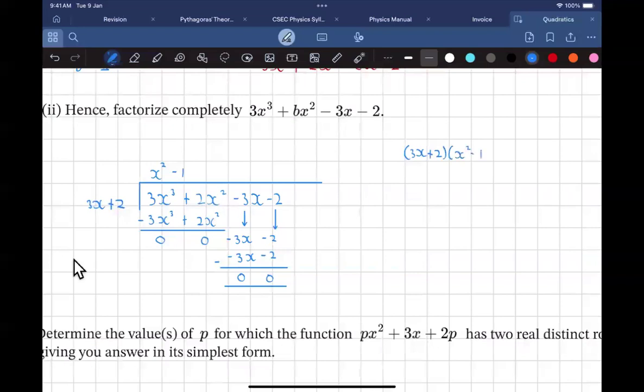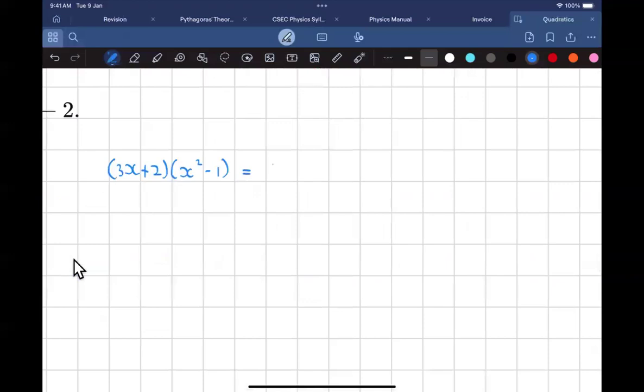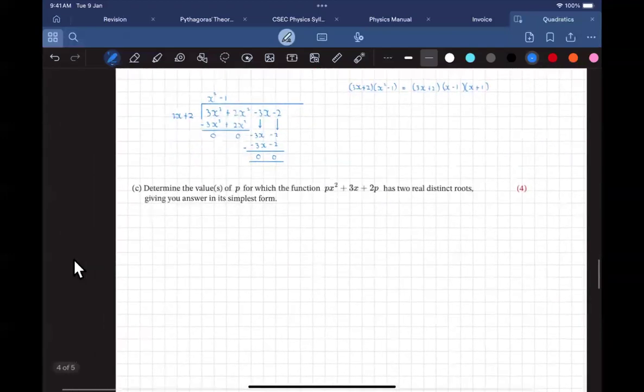That x squared minus 1 is an example of what? Starts with D. Difference between two squares, yes. So I can write it as 3x plus 2 by x minus 1, x plus 1.